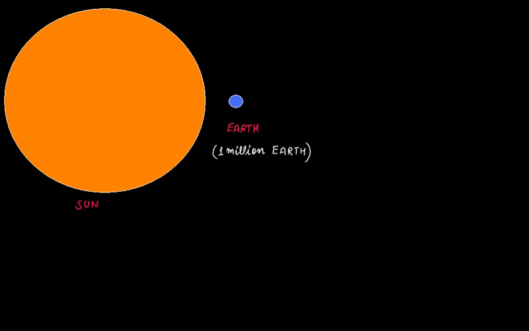Now in this case, let's assume that this is our sun, the star of our solar system, and if this is the size of our sun, then this would be the size of the planet Earth. The scientists tell us that if the sun were hollow, then we can fill this sun with 1 million Earths.